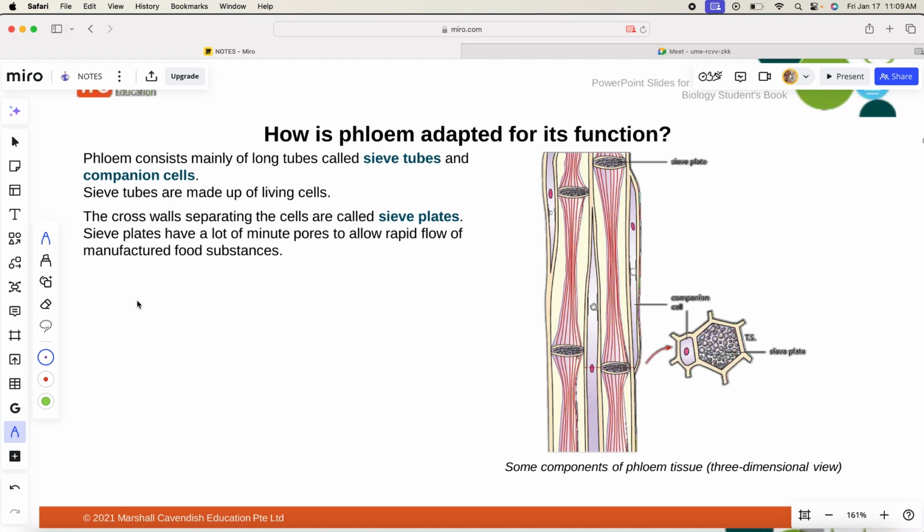Remember, the xylem is made up of lignin and pit, while the phloem is made up of the sieve plate and the companion cells.